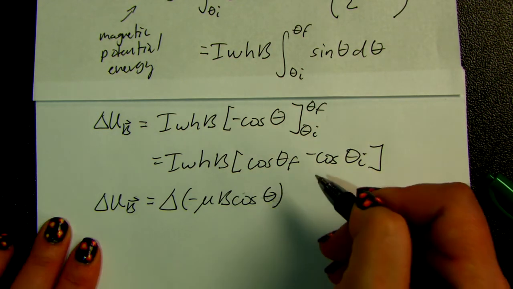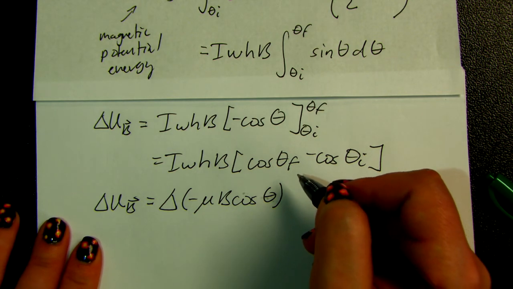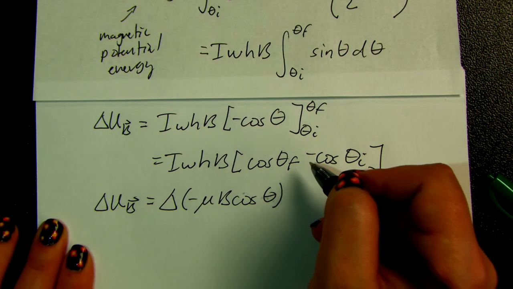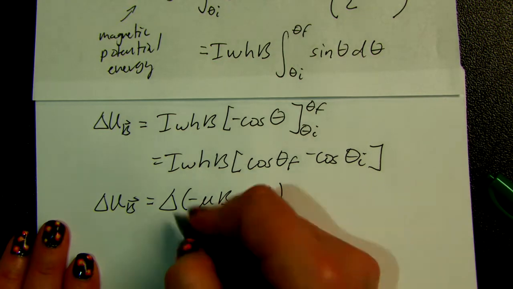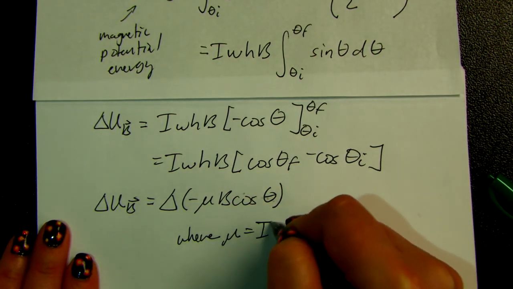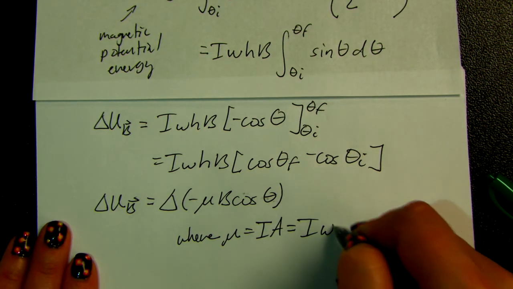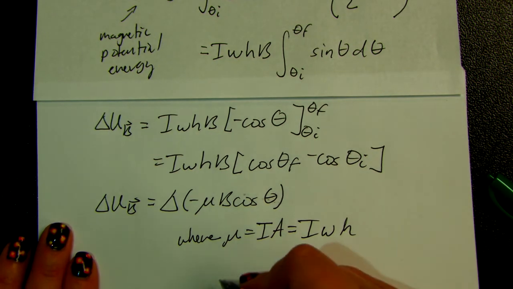This follows up from our discussion in part 2 of Thursday's lecture, so it might be worth going back to that lecture and giving it a quick review at the end just to get caught up. Here mu, our magnetic dipole moment, is equal to current times area, which is equal to current times width times height for the original square section.